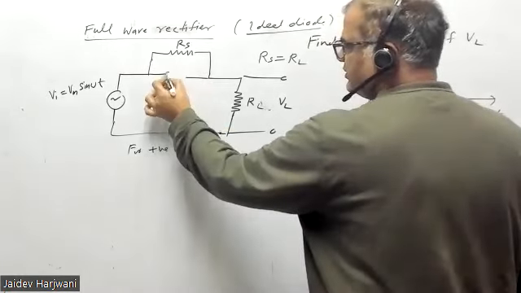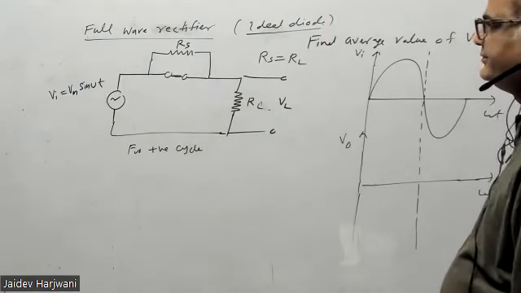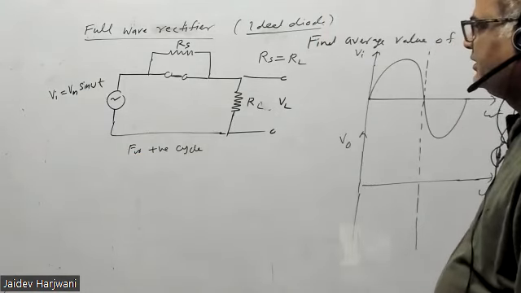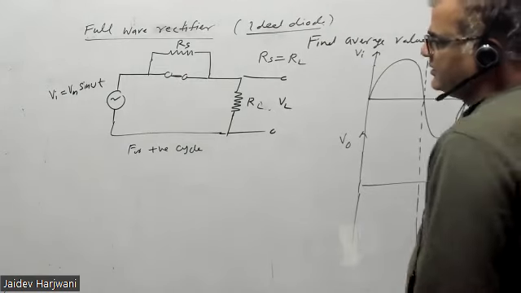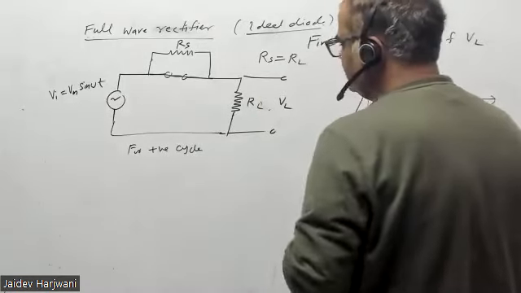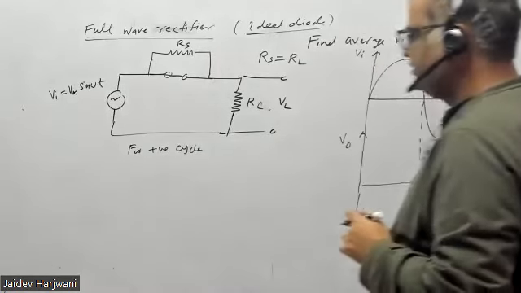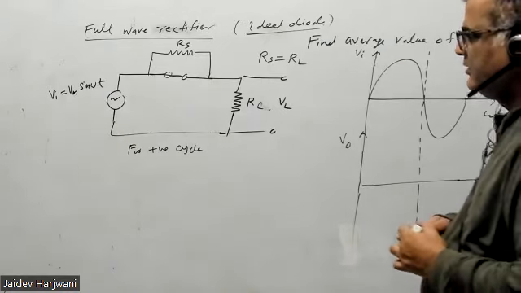diode is what? Short circuit. Yes or no? Diode is short circuit, so this whole part is short circuit. Now what is the value of VL? VL equal to VI हो जाएगा ना. Very good.